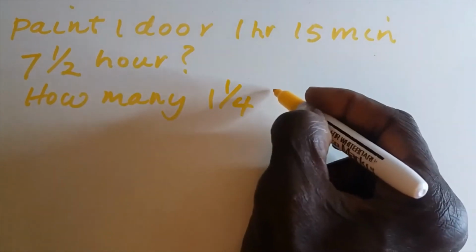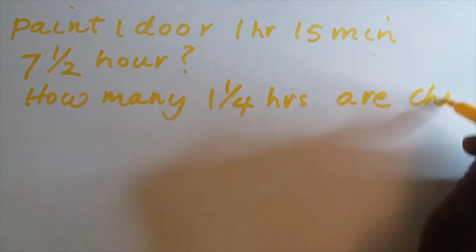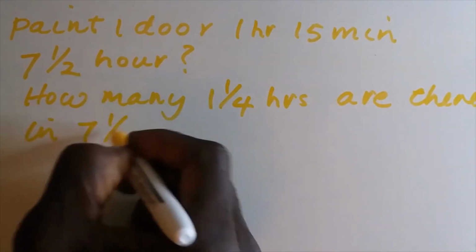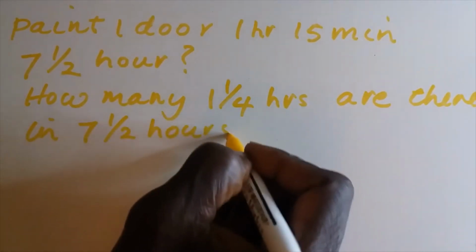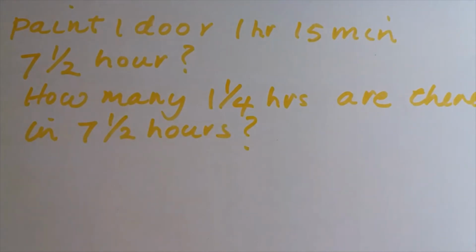How many 1 1/4 hours are there in 7.5 hours? That's basically it. So from a man can paint a door in 1 hour 15 minutes, which is 1 1/4 of an hour, how many similar doors can he paint in 7.5 hours is the same as asking how many 1 1/4 hours are there in 7.5 hours.